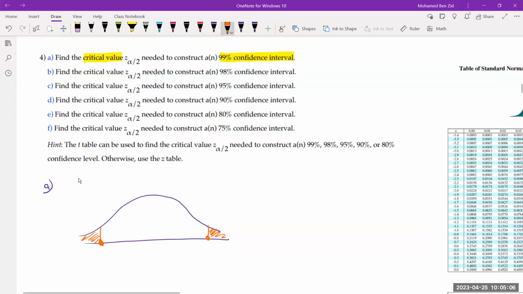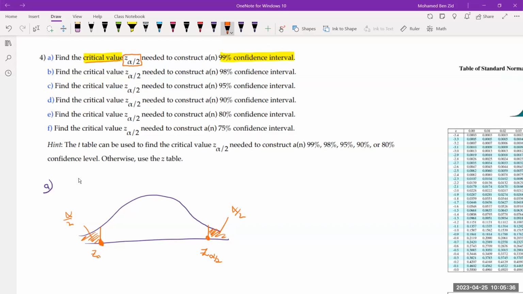What happened with this, the notation here, is a mix up with the Z alpha. We know the Z alpha can happen only on the right side. Z alpha over 2, because this is alpha over 2, and this is alpha over 2. So we know Z alpha over 2 is going to be only on the right side. However, if they are talking about the critical value, there are two of them, right?